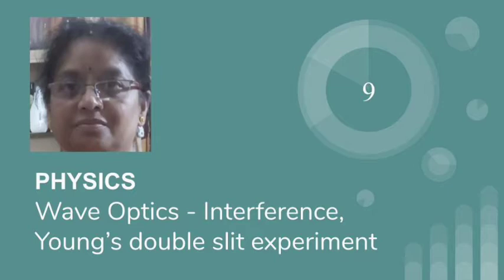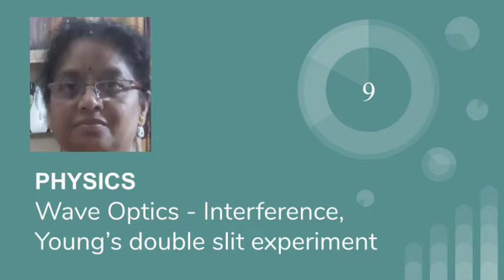This modification in the distribution of intensity in the region of superposition is called interference. We can say that interference of light is the phenomenon of redistribution of light energy in the medium on account of superposition of light waves from two coherent sources.